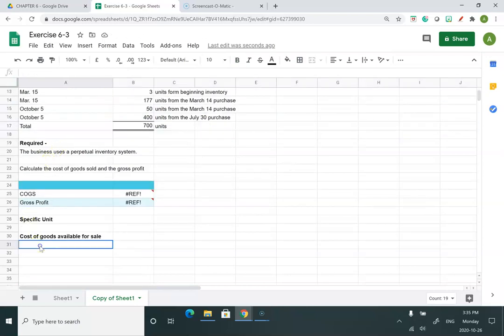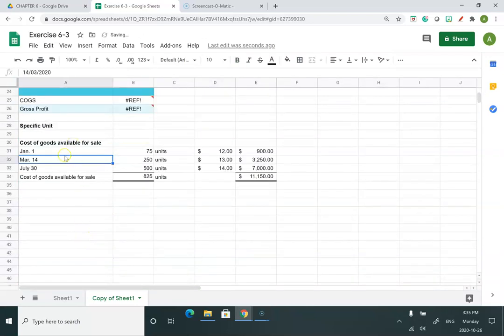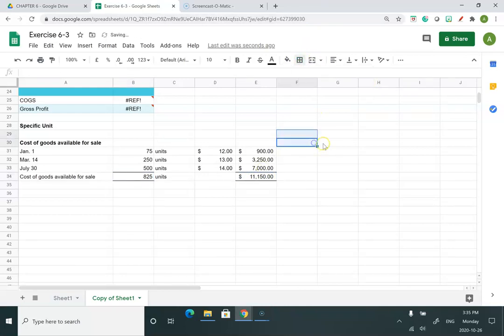So January 1st is beginning inventory, and then here's our purchase and our purchase. And I'll just take that double underline off, just make it one underline. Okay, so that's step one. Find out your cost of goods available for sale.